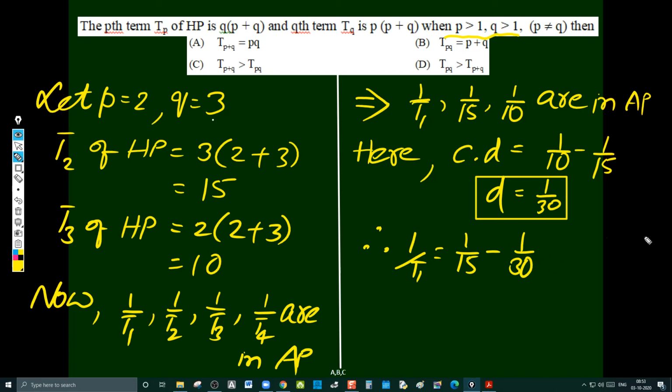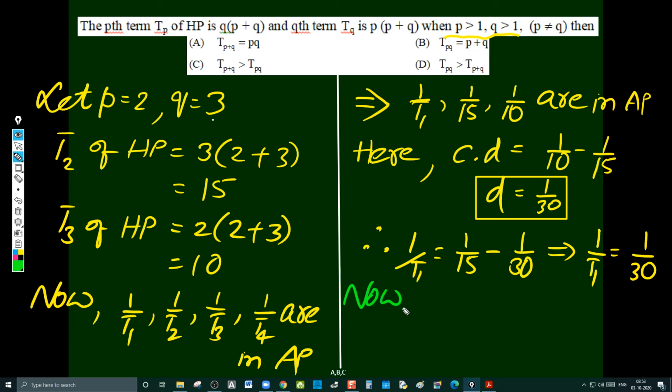So your 1 by T1 is 1 by 30. Correct? Now let us find out. ABC, I went by conventional method. Okay, even then also you get, no problem.